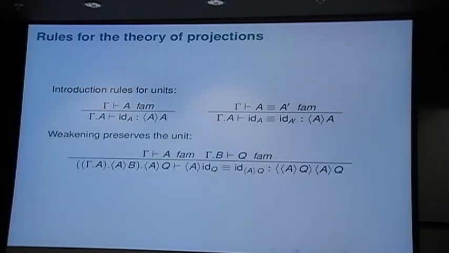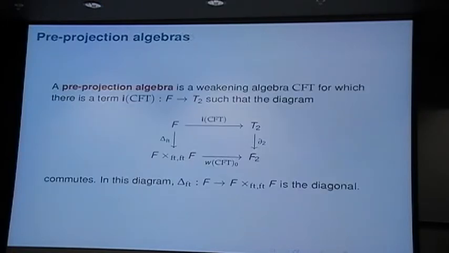And the fact that weakening preserves the structure of identities or units says that we can weaken by A an identity, and you get the identity on a weakened thing. Well, that's a fact of life, but you have that. So I'm going to rush a little bit through this because we don't have much time.